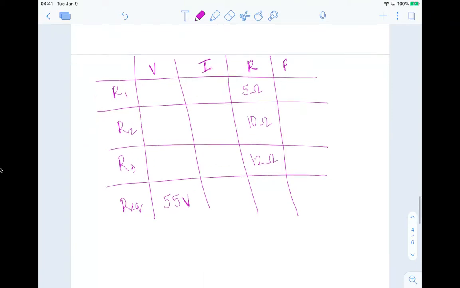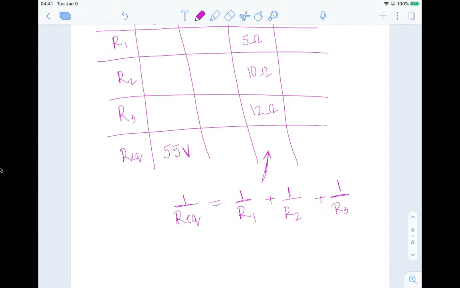Let's solve for our total REQ. First, get the fractions out of the way. Our formula for parallel circuits is 1 over R1 plus 1 over R2 plus 1 over R3 because we have 3 resistors here.